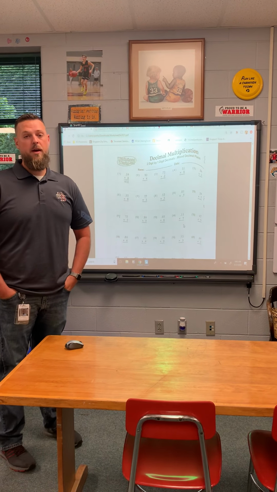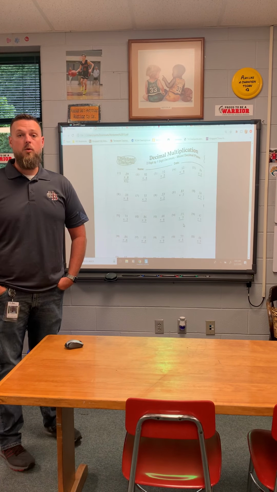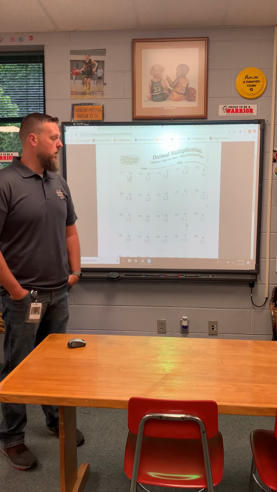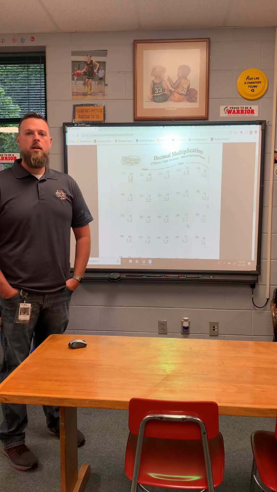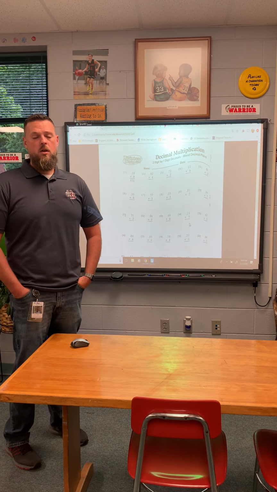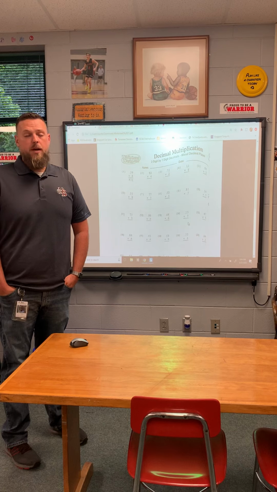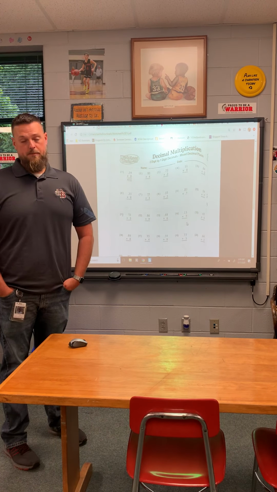If you're in Math 6, it is not in your folder. So what we'll do for Math 6 is just like we did last week and put the page on Canvas. Either you can download it, or if you just want to look at it and do it on a separate sheet of paper, that's fine too. So that's where this page will be.